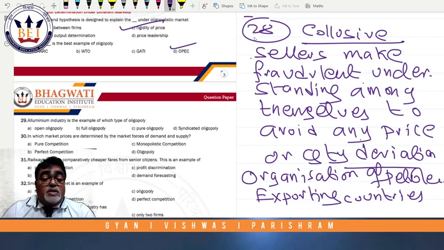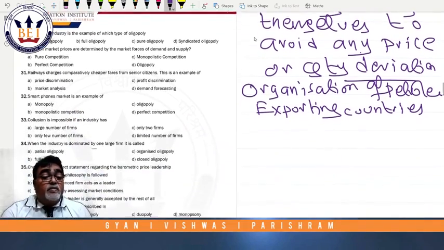So the best example of oligopoly out of this is nothing but OPEC, Organization of Petroleum Exporting Countries. For students' reference, I have given this concept of collusive oligopoly so that it will be helpful for them to get this concept clear.